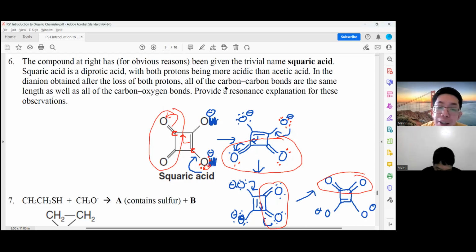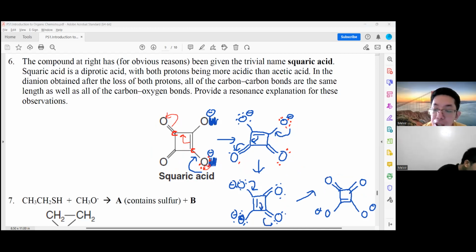So wait lang. Erase ko lang tong mga to para at least kita mo. Nabura ko yung isang lone pair. Ay, yung isang electron. Yan. Propose to me a hybrid structure for this. Resonance hybrid.